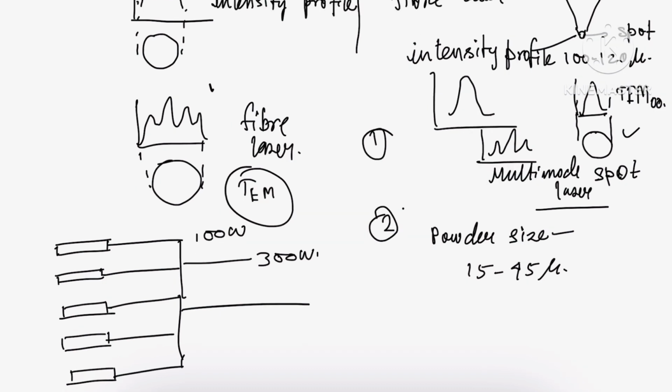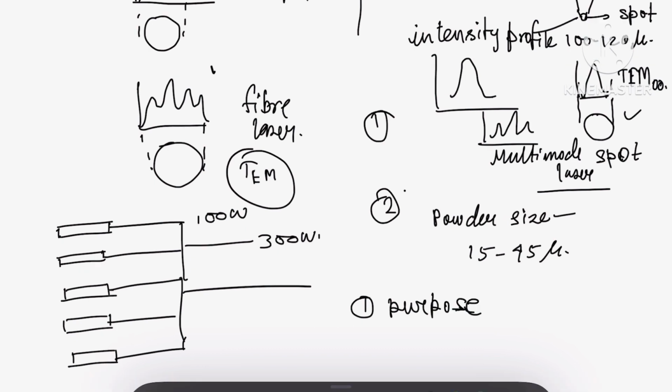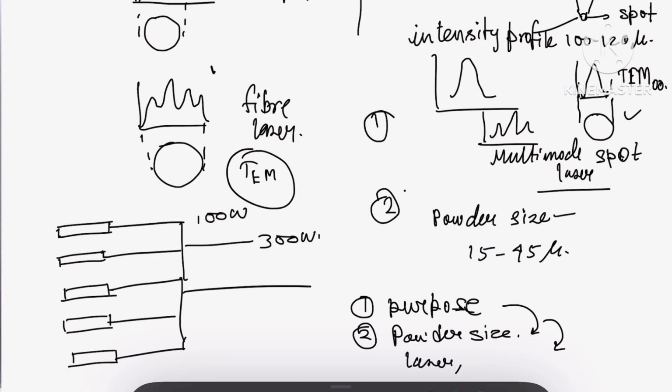So as a recap, one is the purpose for which you are using the 3D printer. And another one is the powder size, which will again depend on the purpose for which you are using that printer, and depending upon the powder size you will select the laser and its power, type of laser, etc. So all these parameters together influence the quality of the printing and the process as well.